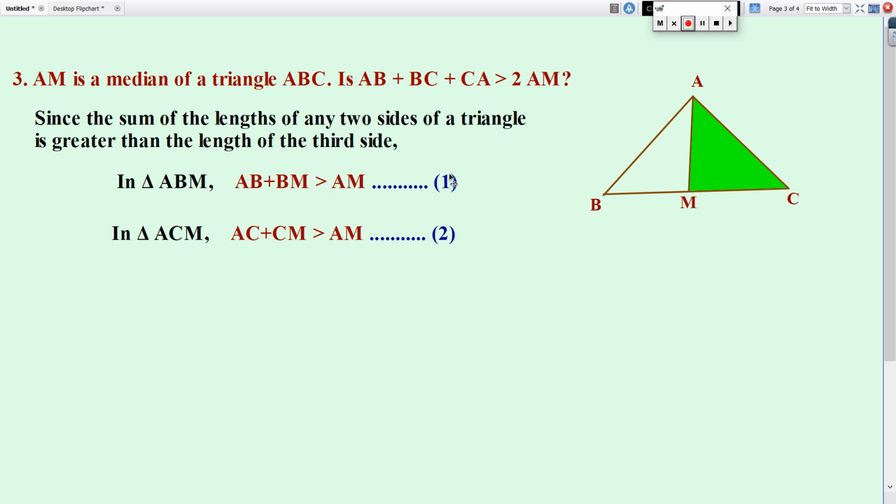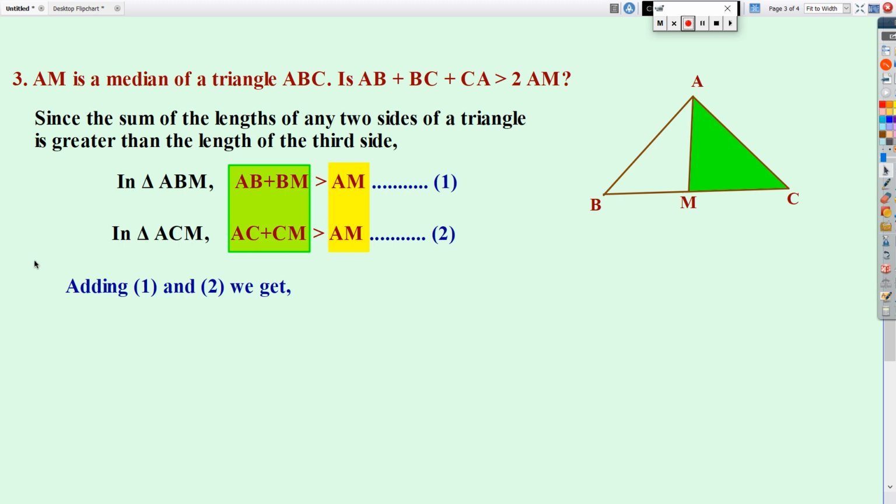Now add equations 1 and 2. How will you add them? First add the left hand side, then add the right hand side. So adding 1 and 2 we get the left hand side AB plus BM plus AC plus CM greater than AM plus AM, the right hand side.